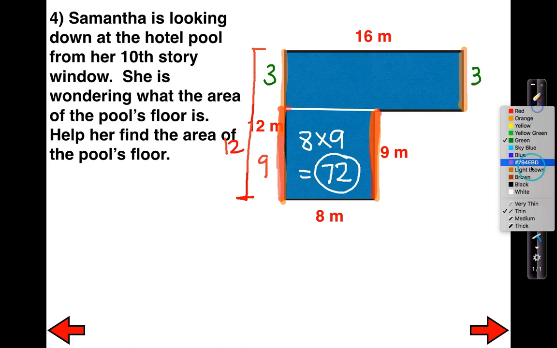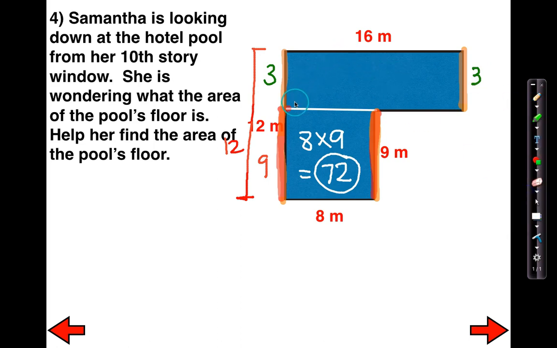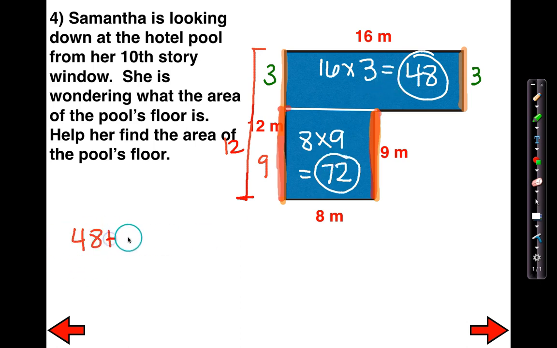So to find the area of this rectangle, I would do base, which is 16, times the height, which is 3, which would give me 48. So now that I have that, I'm going to go ahead and find the area by combining both of these 2 shapes. We're going to add 48 with 72, and that's going to give me 120 meters squared.